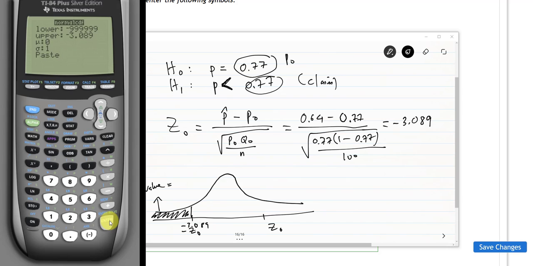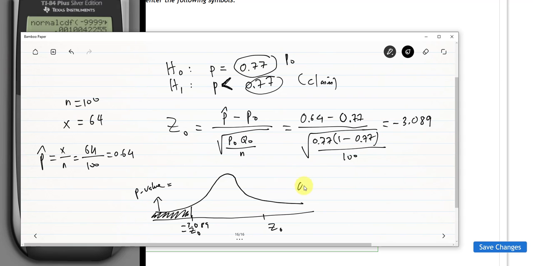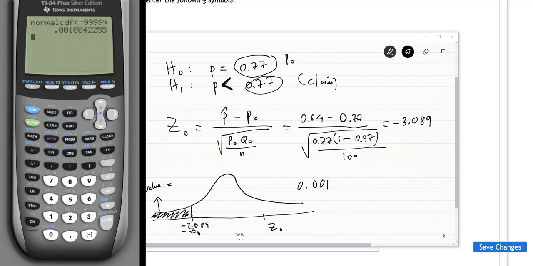This is a standard normal curve, and that will give me 0.0001. 0.0001 is the p-value.